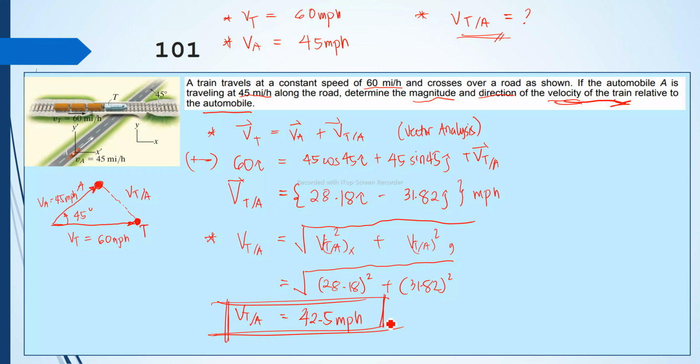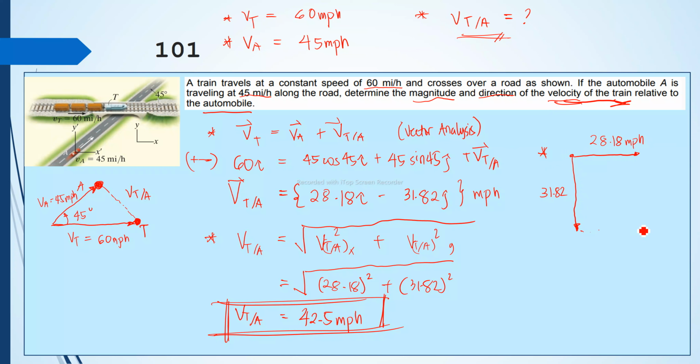How about the direction? So here we have a positive direction. If we have 28.18 miles per hour, that is the x component of the relative motion. And then we have a negative 31.82, that is downward.